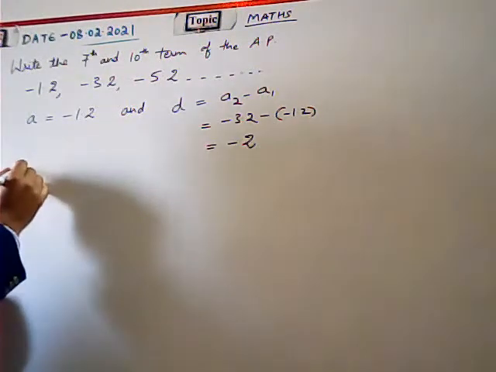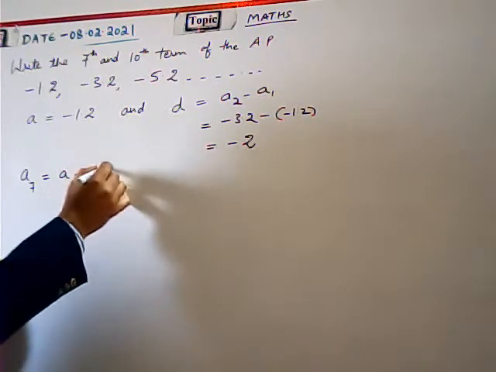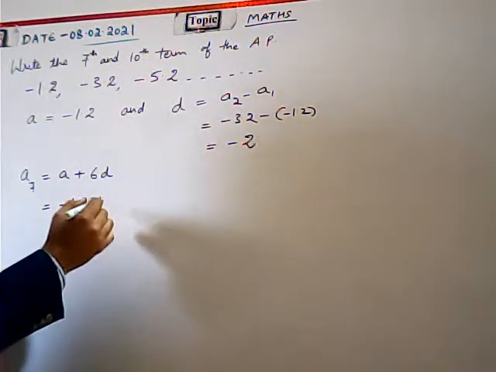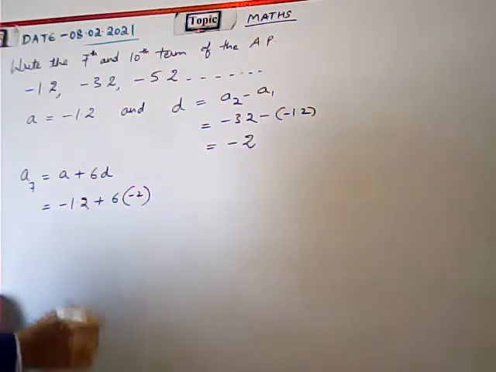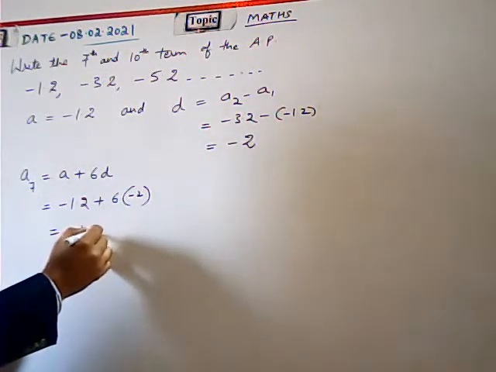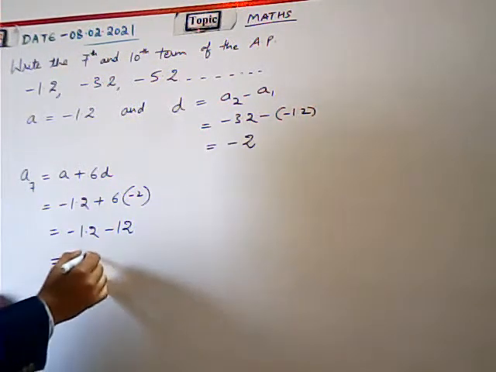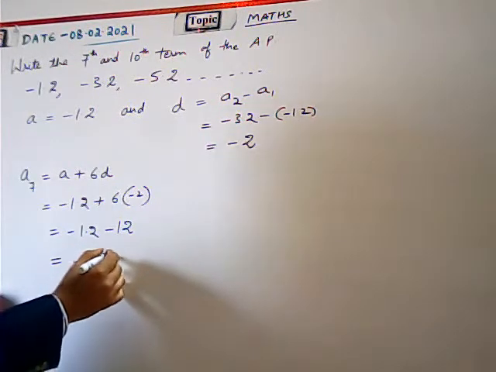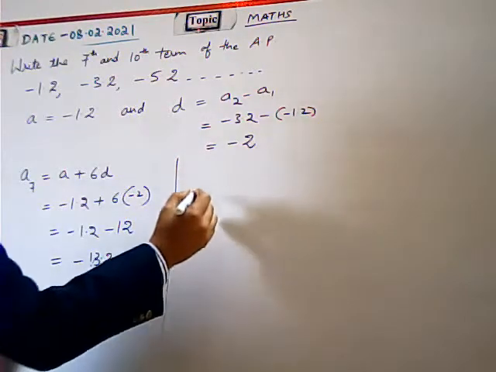So here A7 is equal to A plus 6D. So A is minus 1.2 plus 6D, D is minus 2 here. So the answer is minus 1.2 minus of 12 is equal to minus 13.2.